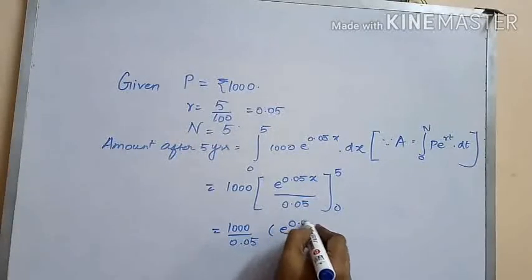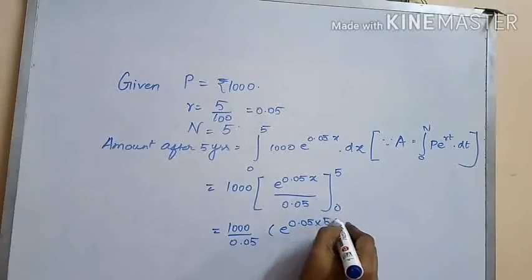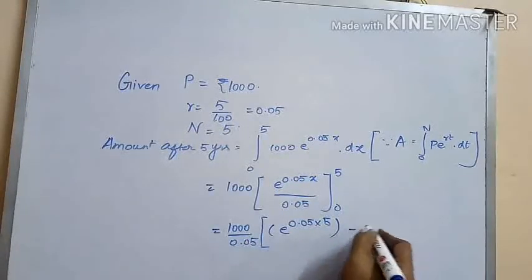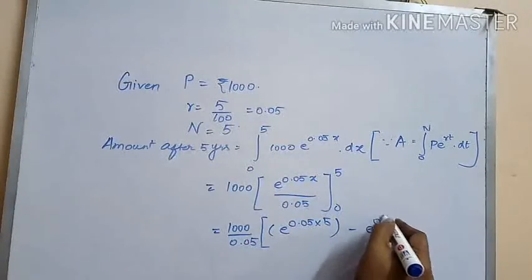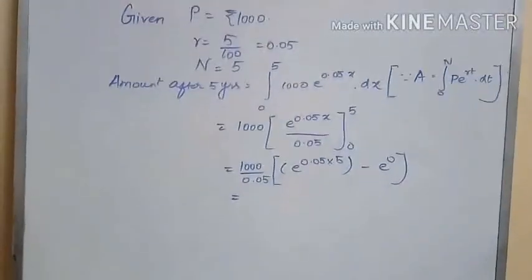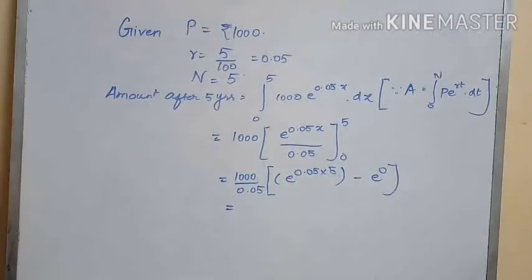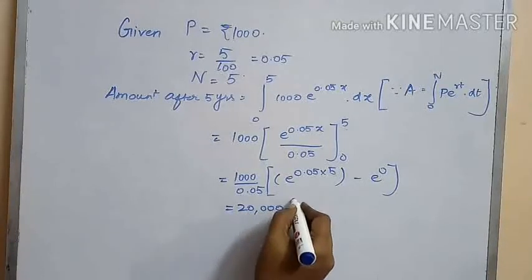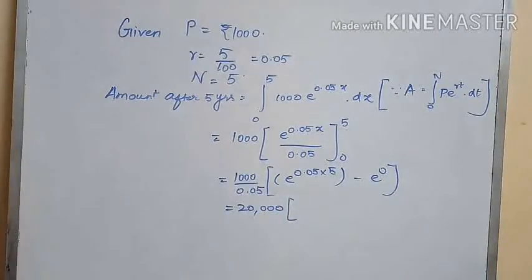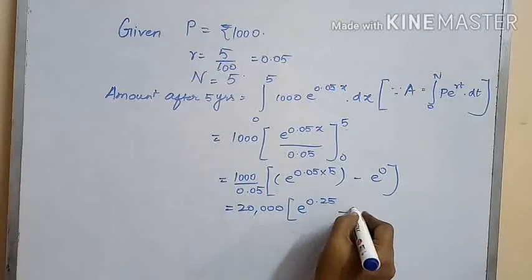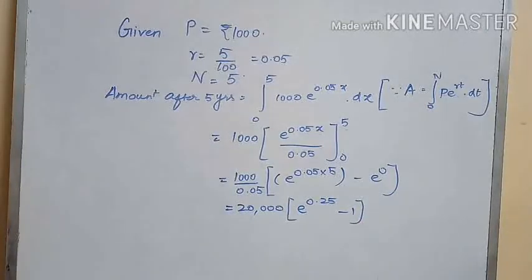Now let us substitute the upper limit and lower limit. We get e to the power of 0.05 into 5 minus e to the power of 0, which is 20,000 into (e to the power of 0.25 minus 1).